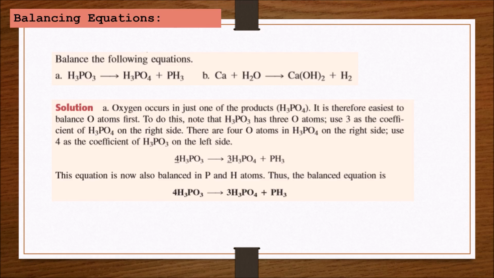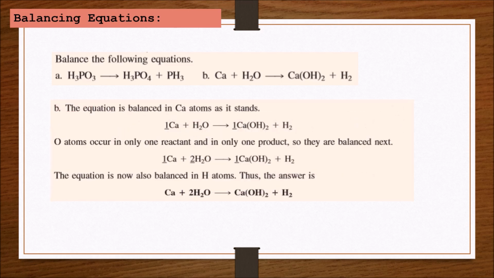Okay, so let's go now to solution letter B. As you can see, the calcium atom in this particular example is already balanced. So you can now move forward into balancing the other atoms. Let us take a look at the oxygen atom. There are 2 oxygen atoms on the product side, or the right side of the equation, and only 1 oxygen atom on the left side.